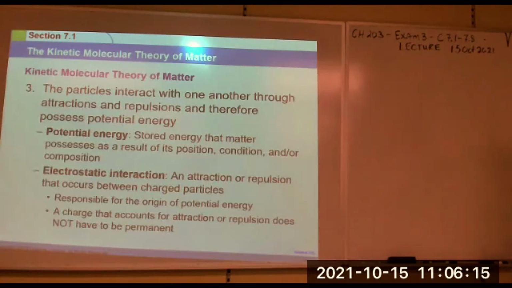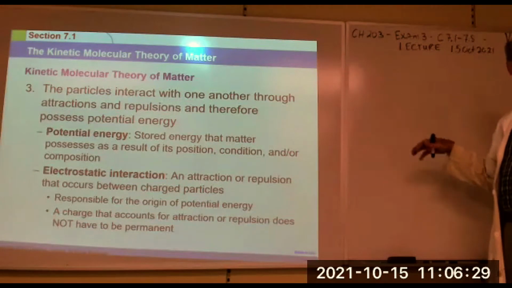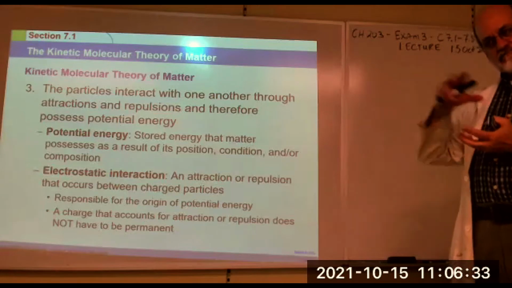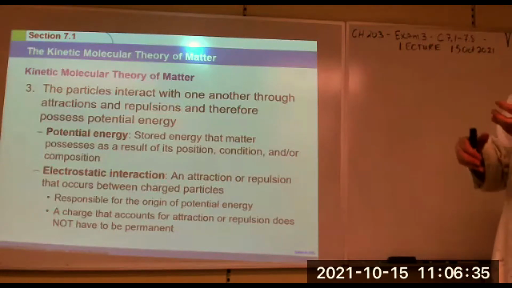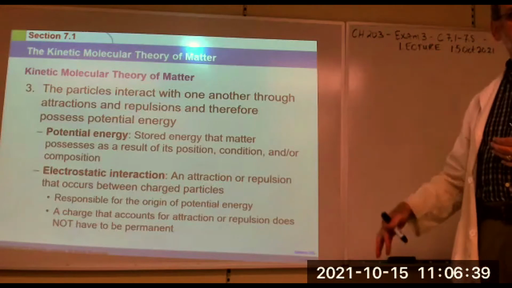Now, one important concept here is that the charge does not have to be complete, like an ion, like sodium ions or chloride ions. It could be partial charges like our water molecules, polar molecules. Those are not complete charges. Those are just a slight redistribution of electron density, which adds some charge, but not a complete charge.